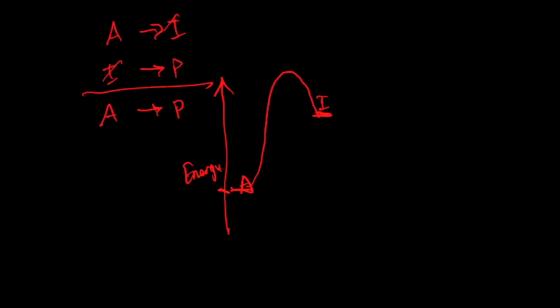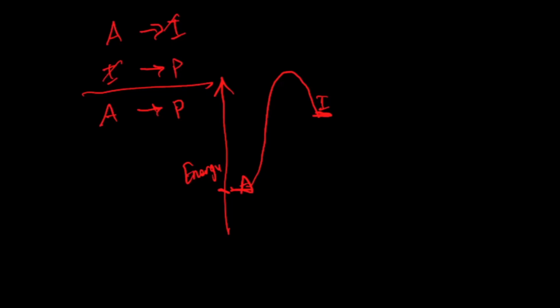That way A doesn't convert over to the intermediate automatically. The reason why chemicals do not spontaneously change over to the product, or to an intermediate, unless they have enough energy is because of this activation barrier. It's basically holding that chemical back from converting to that second state.